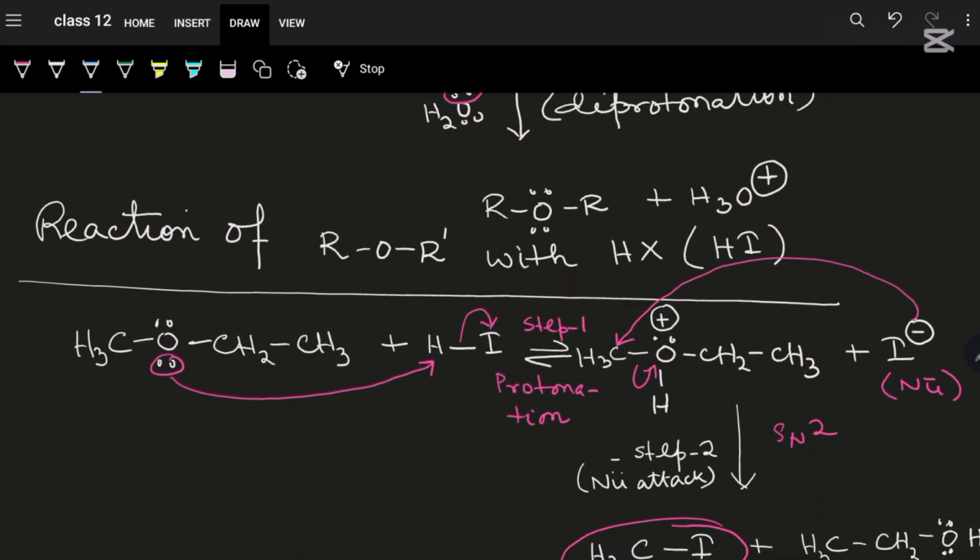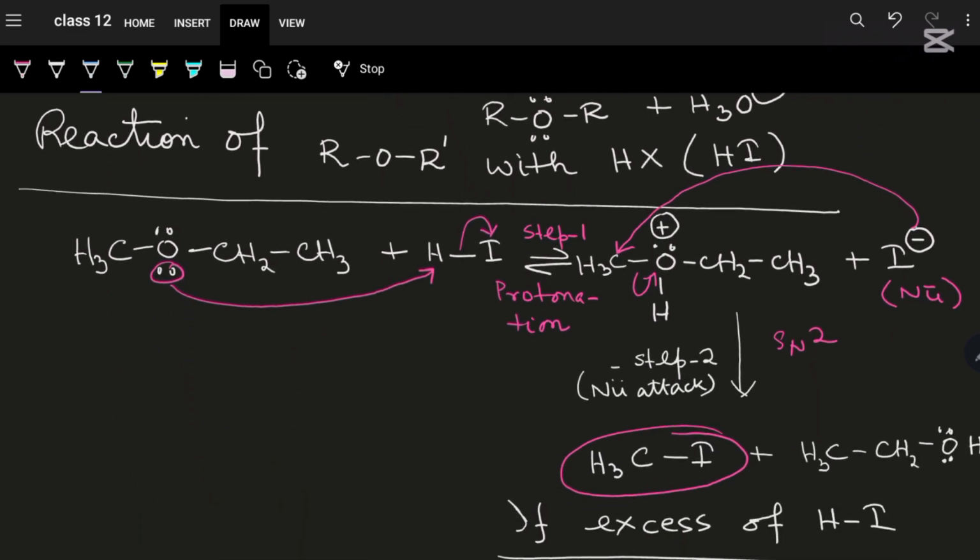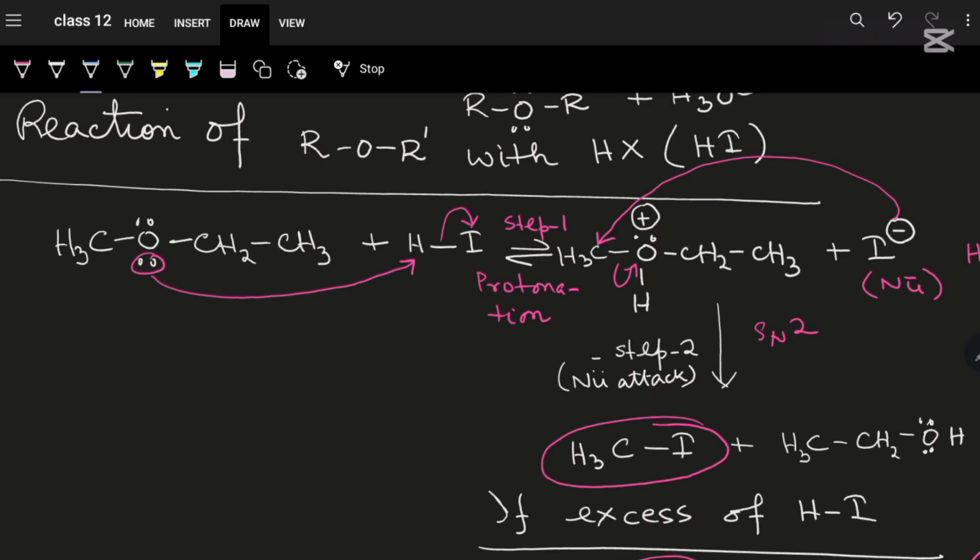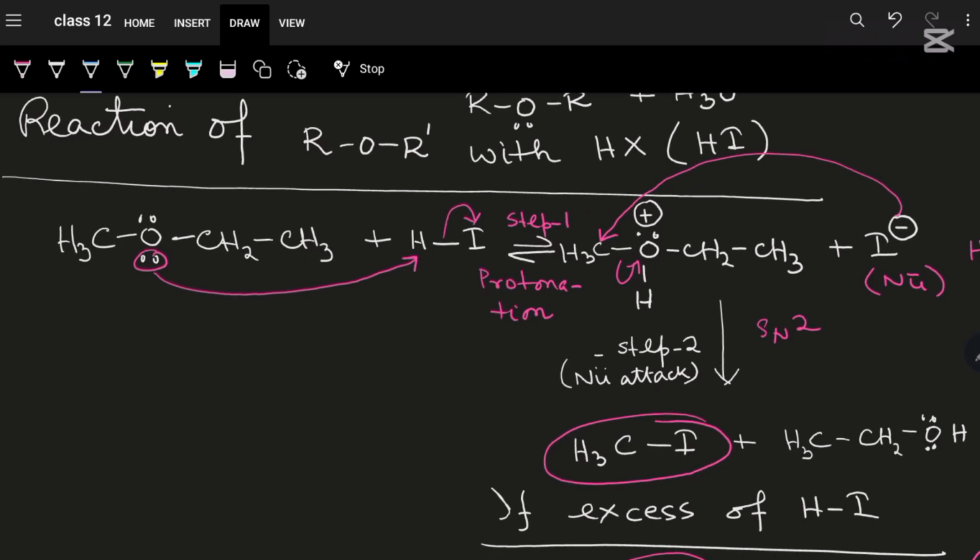Next, reaction of ether with HX, and we generally write reaction of ethers with HI because I minus is a better nucleophile. Now let us see the example with an unsymmetrical ether where I am taking CH3OCH2CH3. This part is the bulkier part having more carbon atoms.